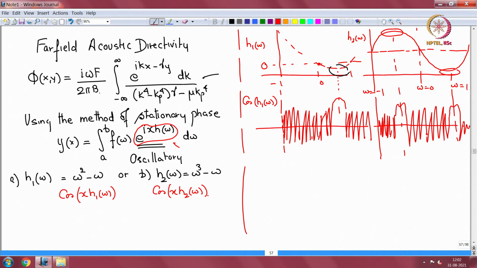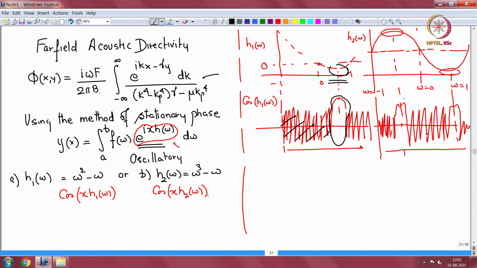Now the idea is, if we integrate over this omega range, then these regions are highly oscillatory and they will cancel out. The neighboring regions cancel out, positives and negatives. The contribution will come mainly from the region where this phase factor had a minimum or a maximum.